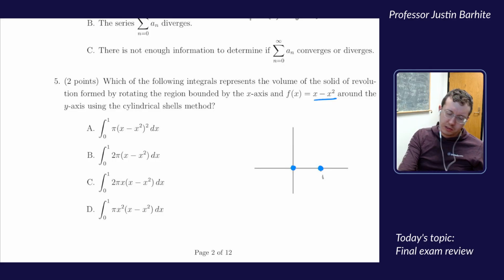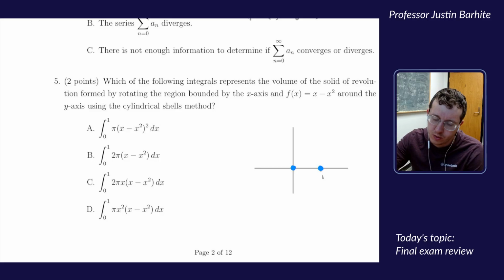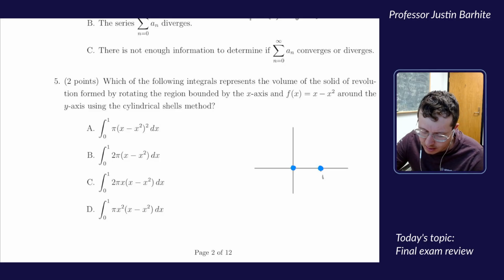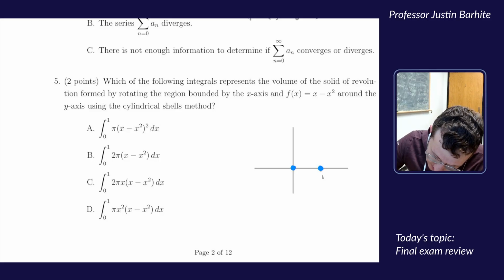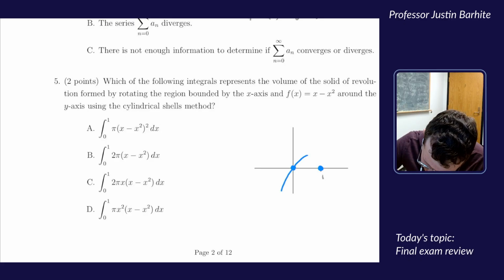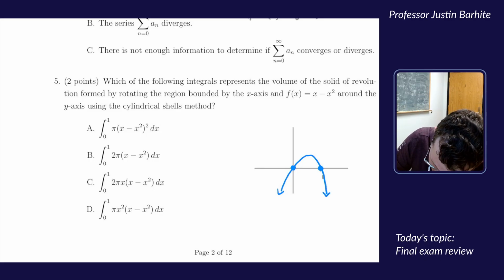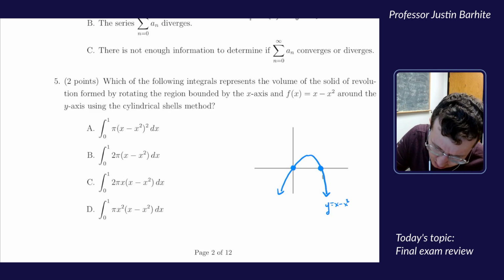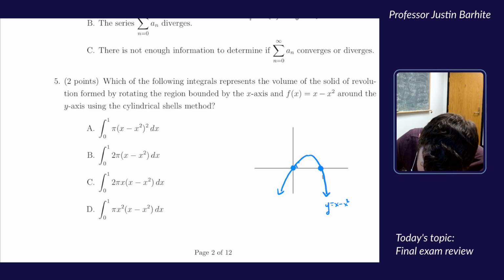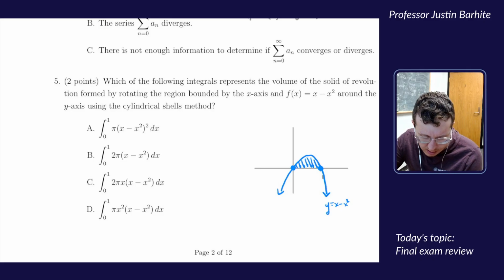So 0 and 1 are the roots of that parabola. And it opens downward. So it looks like this is the region that we're rotating around the y-axis.